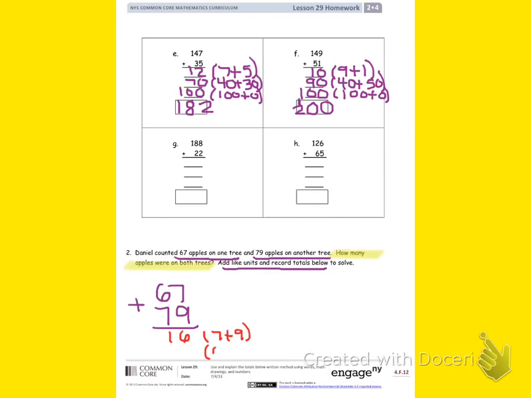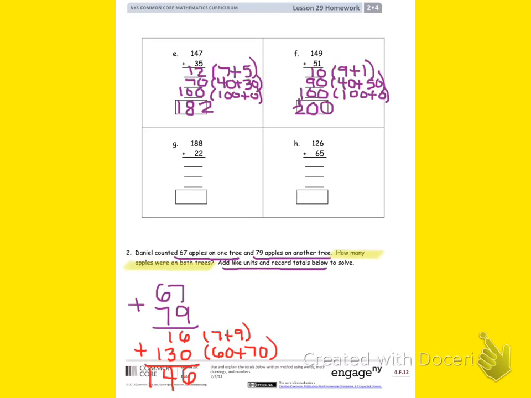That's the same thing as saying 60 plus 70. 6 tens plus 7 tens, that's 13 tens, or 130. Now we'll add them together. 6 plus 0 is 6. 1 plus 3 is 4. And 1 plus nothing is 1.